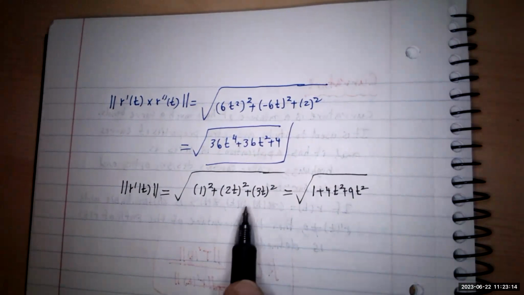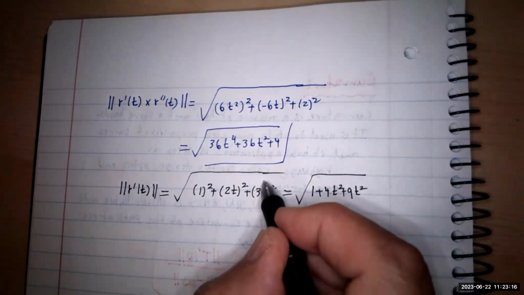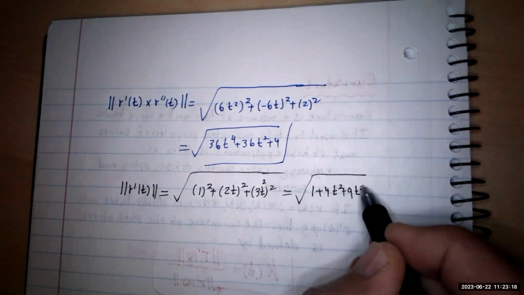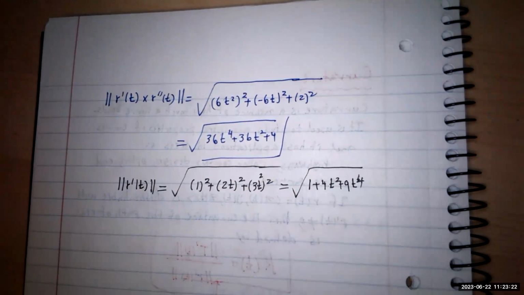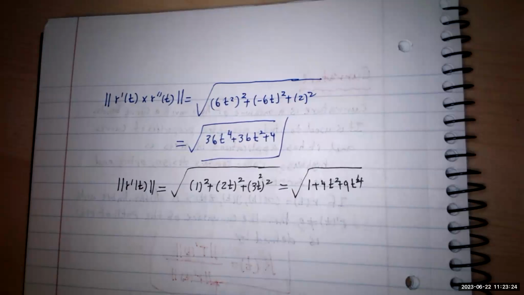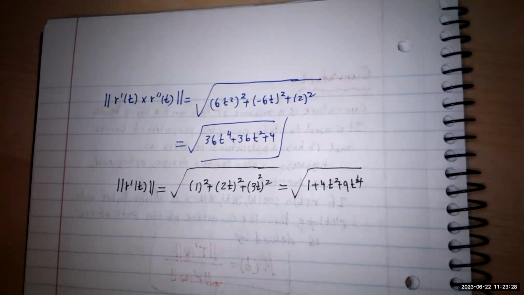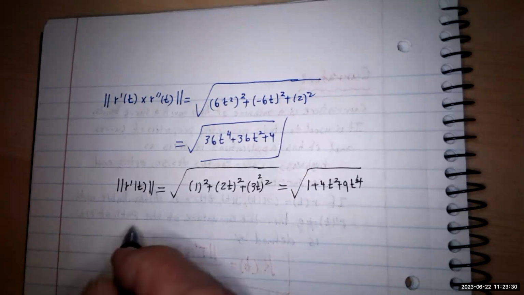I'm sorry, I think that's a 3t squared, squared, so that gives you 9t to the fourth. So 1 plus 4t squared plus 9t to the fourth, and we cannot simplify it. When there's not going to be a number, it is not going to be lots of fun. So that's it, the curvature.